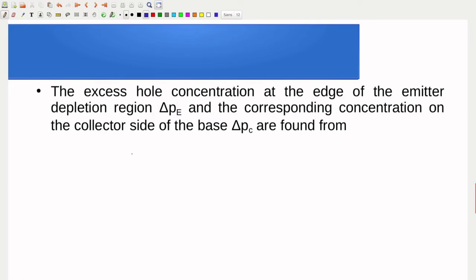The excess hole concentration at the edge of the emitter depletion region, and the corresponding concentration at the collector side of the base, delta PC, can be found using the equations.